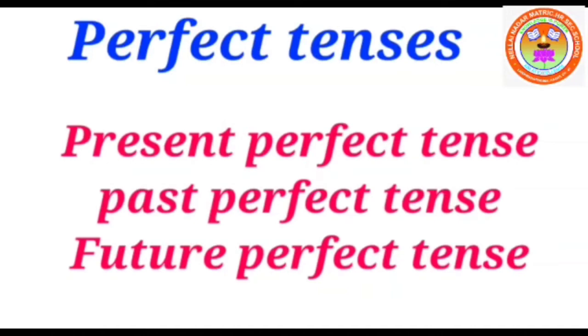Then the obvious question is the three tenses will have a perfect form. So for perfect, we have to use V3. For present, we have to use the present possessions like have and has.